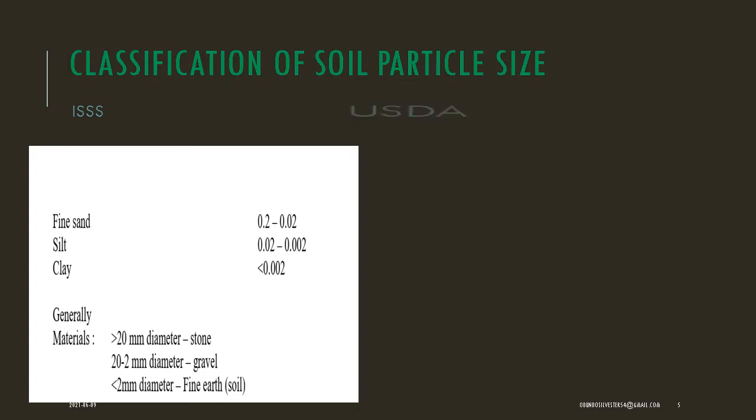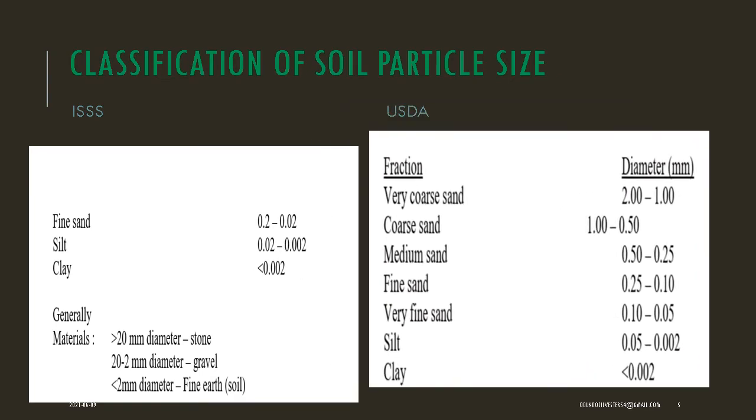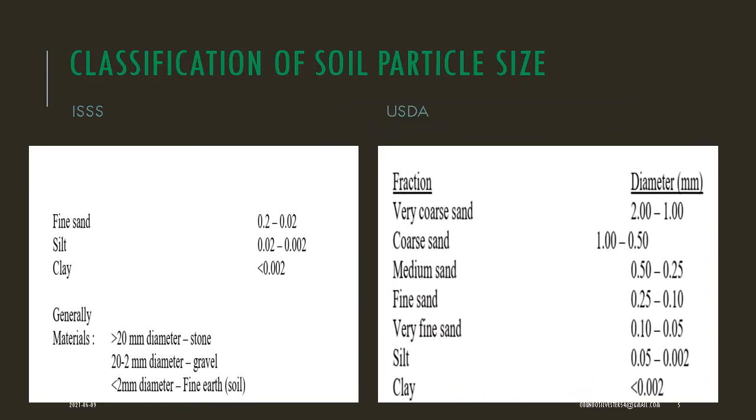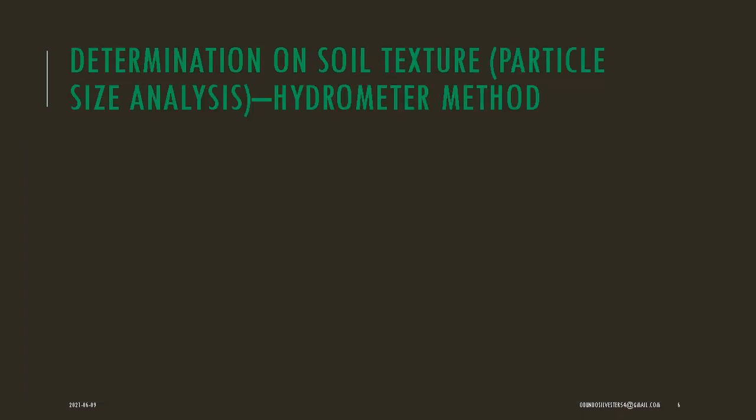Then we have classification under the United States Department of Agriculture, where anything between 2 to 1 is regarded as very coarse sand, and anything less than 0.002 is regarded as clay.